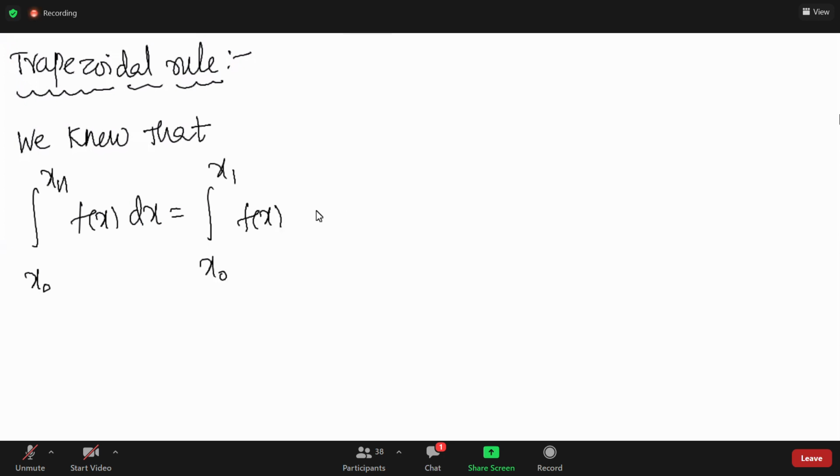Divide the total interval into subintervals. What is the first subinterval? X0 to x1. What is second subinterval? X1 to x2, f of x dx.